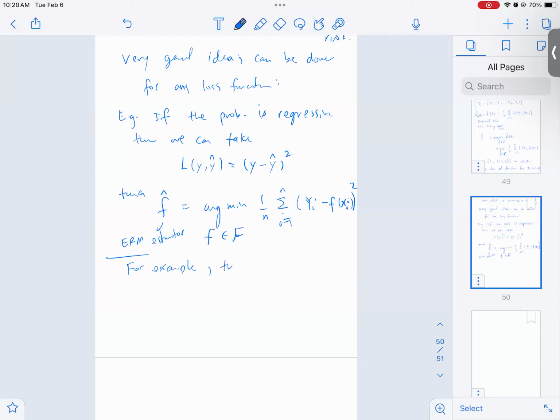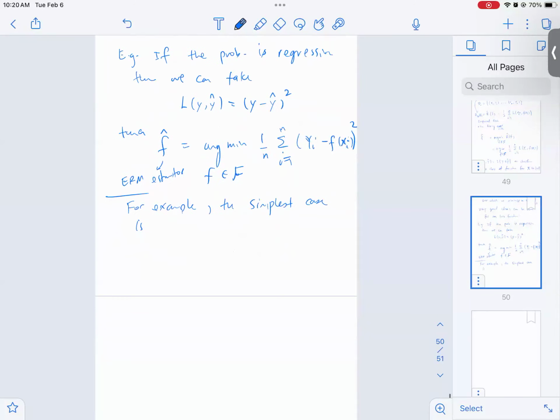the simplest case is f being the class of, usually the class of affine functions, but I'm going to write it as f theta like this, where f theta of x is just theta transpose x.